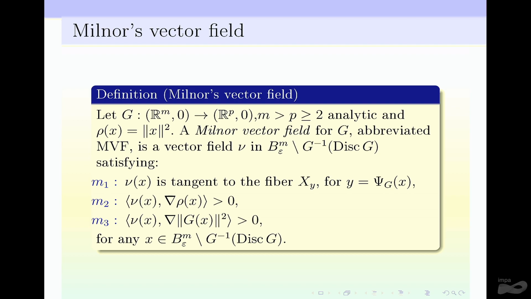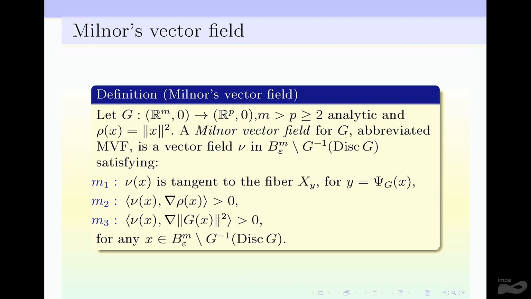So let G be an analytic map germ. We consider m greater than p, p at least 2, and rho x again is the square of the distance function to the origin. The same stuff as before. So a Milnor vector field for G, abbreviated by VF, is a vector field, let's say nu, here. Of course, we already checked that this is a good ambient to work on.